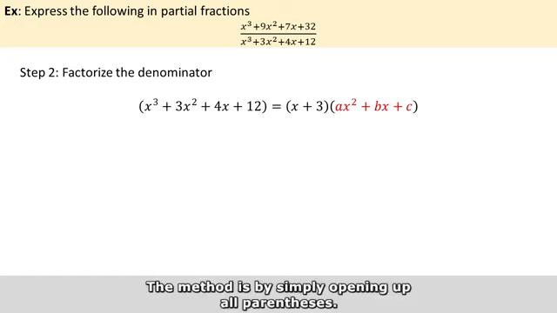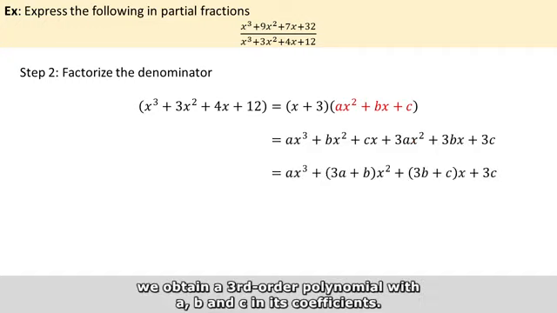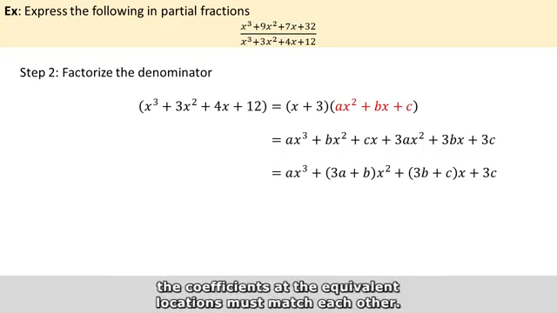The method is by simply opening up all parentheses. After grouping all the like terms, we obtain a third order polynomial with a, b, and c as coefficients. Because this must be equal to the original denominator, which is a third order polynomial, the coefficients at the equivalent locations must match each other.